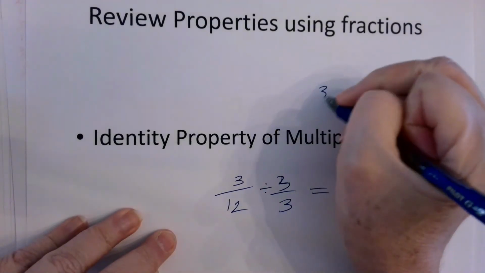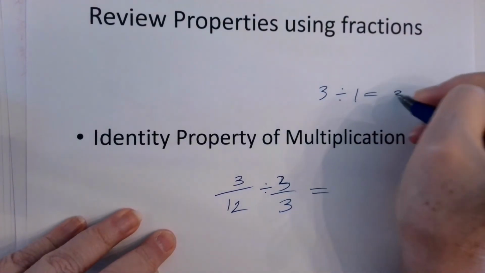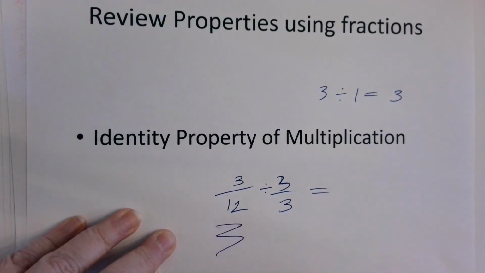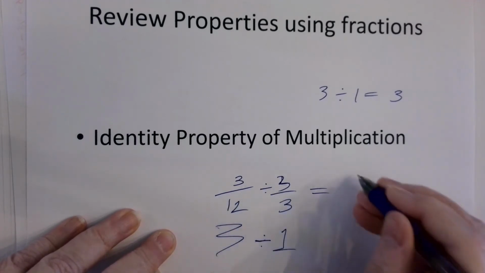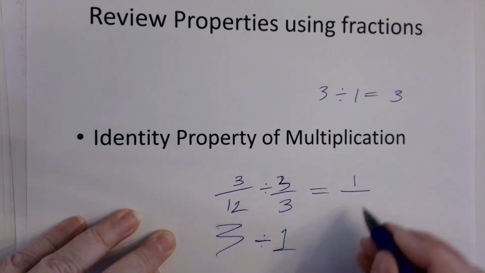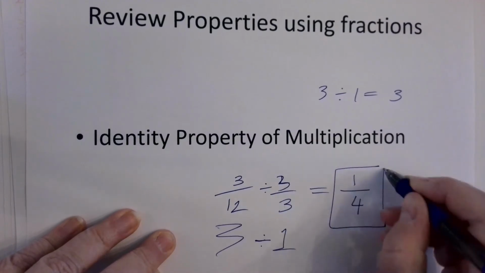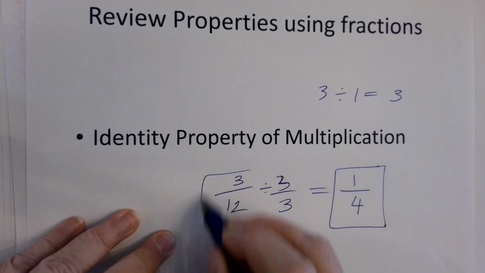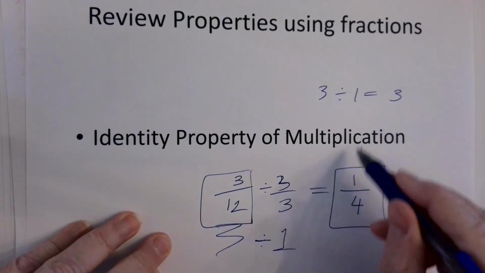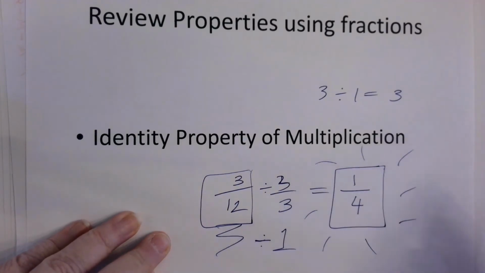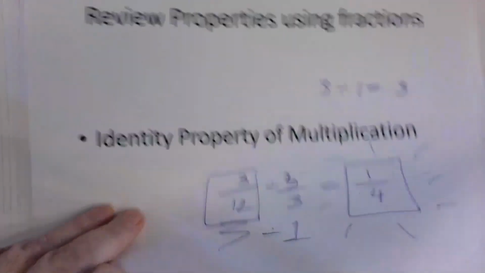I can divide 3 by 1, I'll still get 3. So I can divide 3/12 by 1 and I'll still get 3/12. 3 divided by 3 is 1, 12 divided by 3 is 4. That tells me 1/4 is the same as 3/12, but we prefer the reduced fraction.